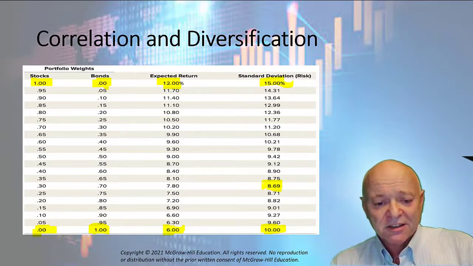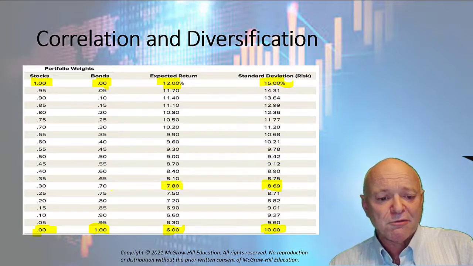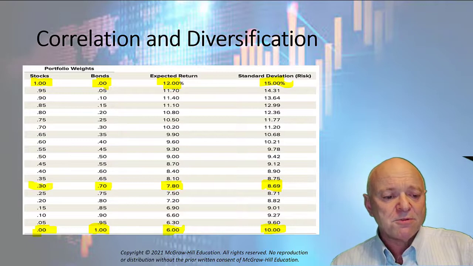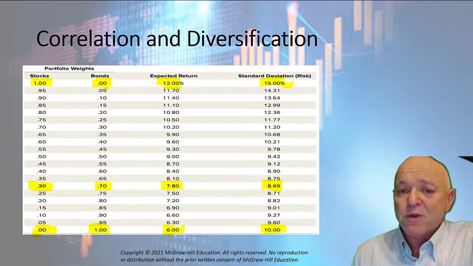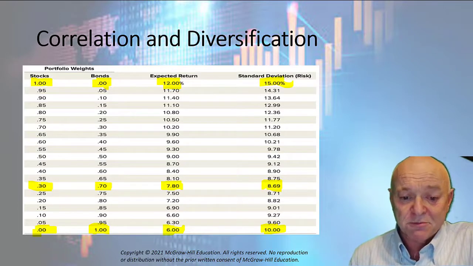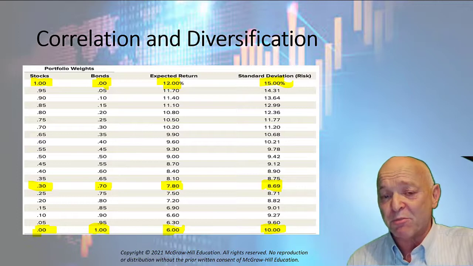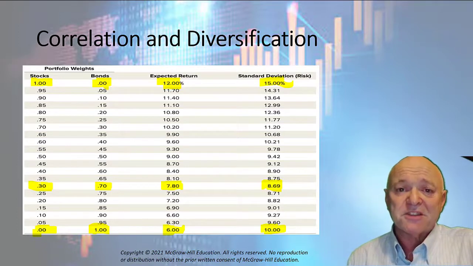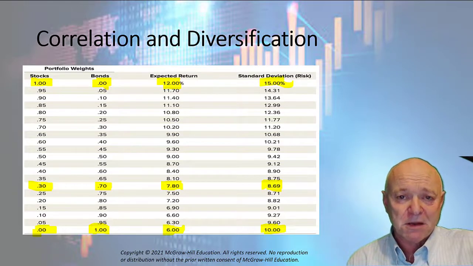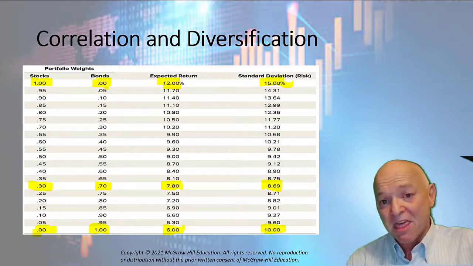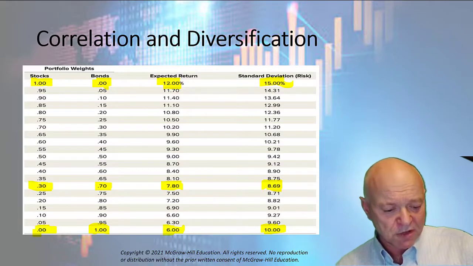So it looks like there's kind of a magical portfolio here where we have got 30% equities, 70% bonds. It gives us a rate of return of 7.8, which is certainly higher than a more bond-intensive portfolio below that, but it gives us the minimum variance, the minimum standard deviation.